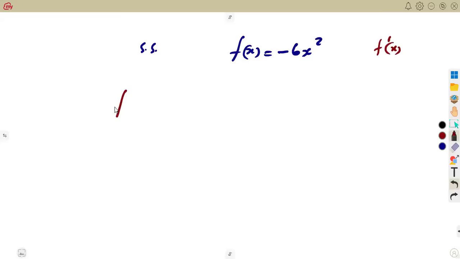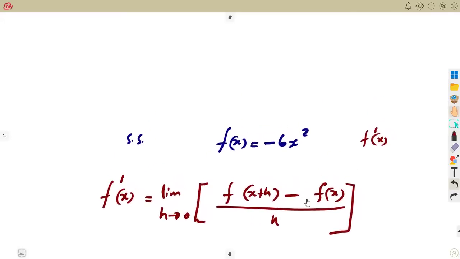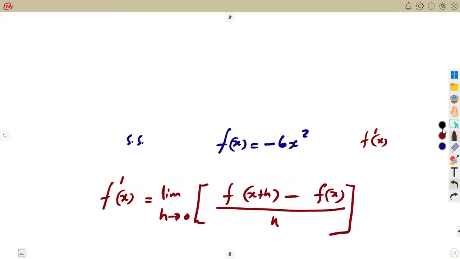So you saw that from our formula of the first principles, it will be like this. dy dx, which is the first derivative with respect to x, is the limit as h approaches 0 of f of x plus h minus f of x, everything over h. So guys, knowing that we are going to need this on our formula sheet, just find this, guys.